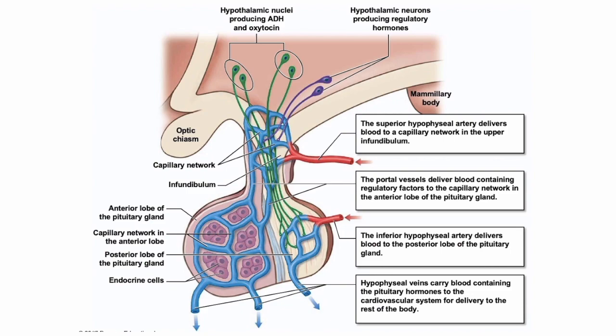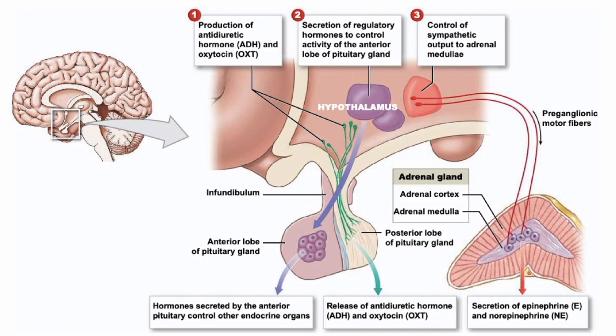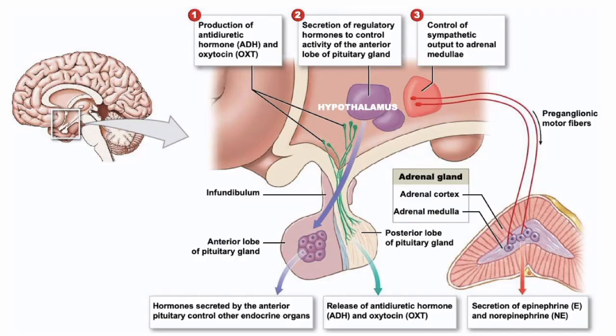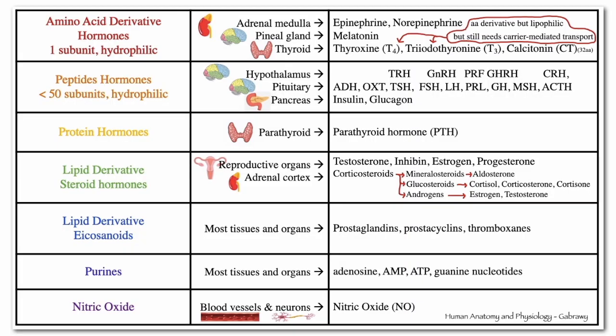This is the reason why so many hormones released from the hypothalamus have an RH at the end of their names. For example, TRH, thyrotropin releasing hormone. You'll see RH at the end of a lot of these from the hypothalamus.